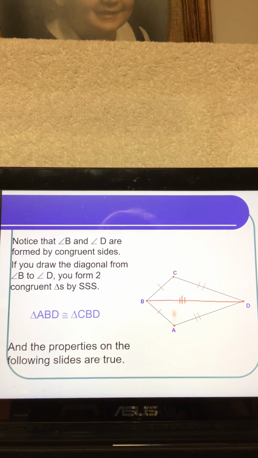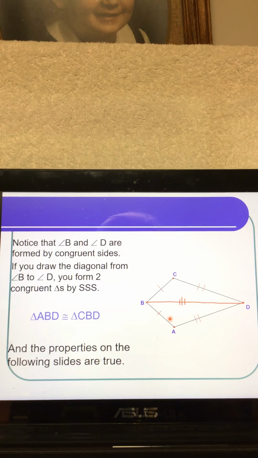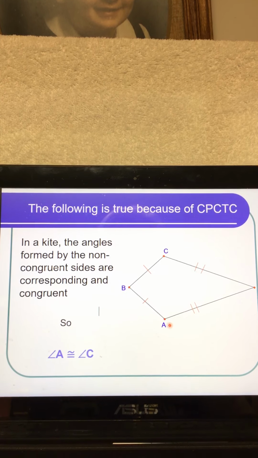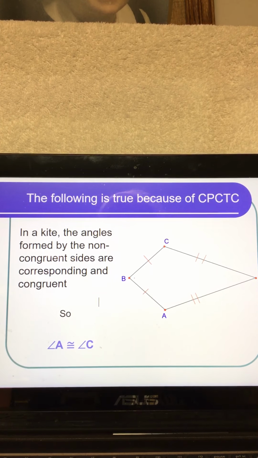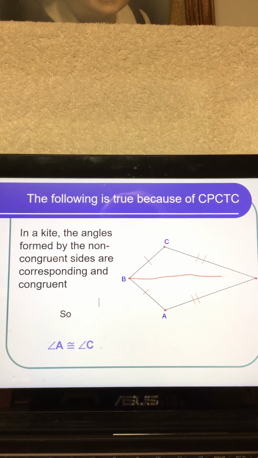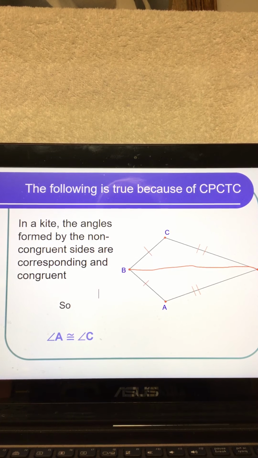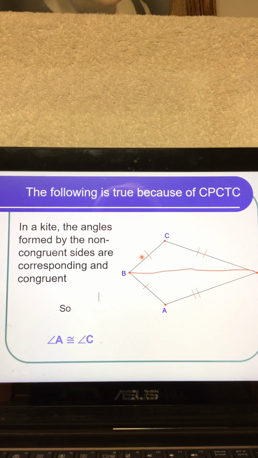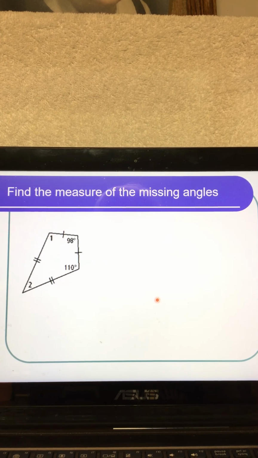Here, A and C are corresponding parts of two triangles. So that means that A and C have to be congruent because they are corresponding parts. If I drew that diagonal in there across here, you would understand again why they are corresponding parts, and so they're going to be congruent to each other. So we need to remember that where the non-congruent sides meet, those two angles are going to be congruent.